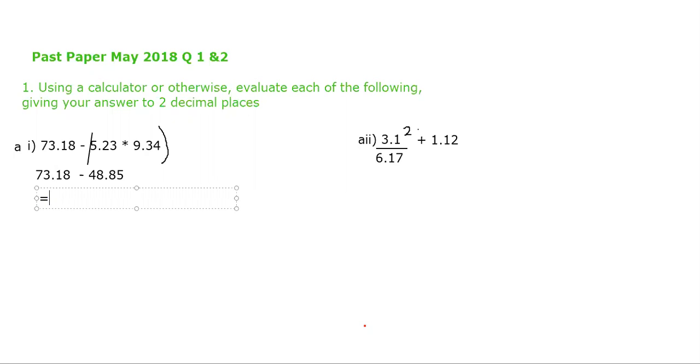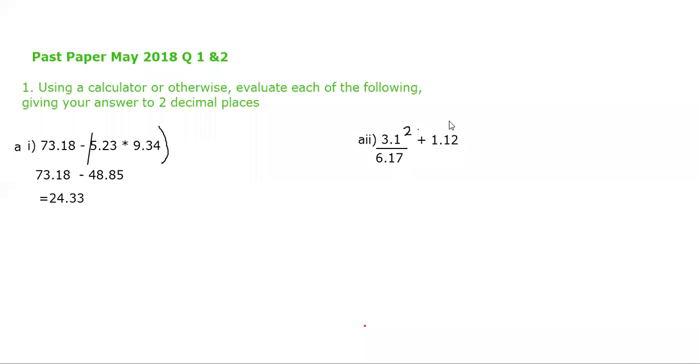Now the answer that you're supposed to get is 24.33. Good. And as you know, this is up to 2 decimal places, so that's the answer that you're actually supposed to get, right?